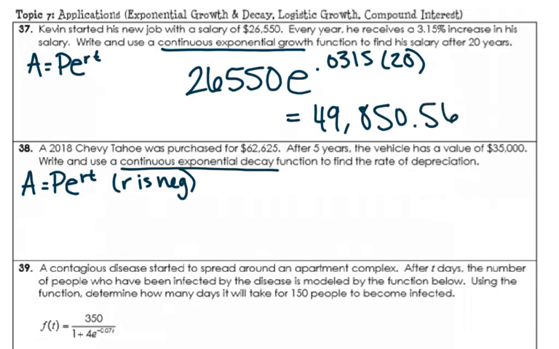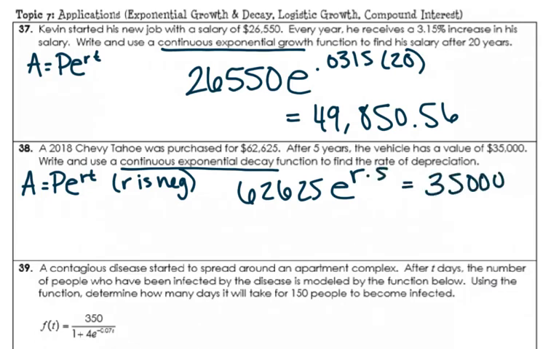Number 38, it says continuous exponential decay, so the r is just negative, but it works the same way. So we're going to start with this amount of money. I'm looking for r, sorry. It's going to equal 35,000.